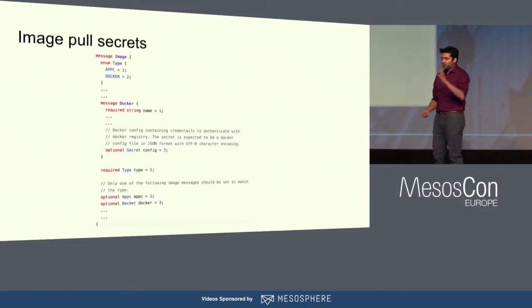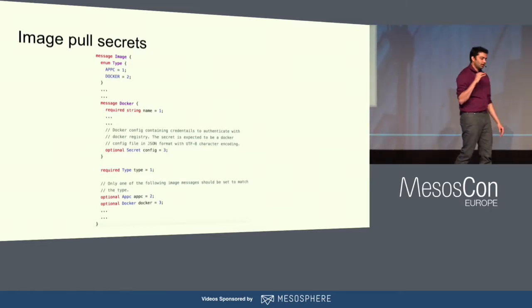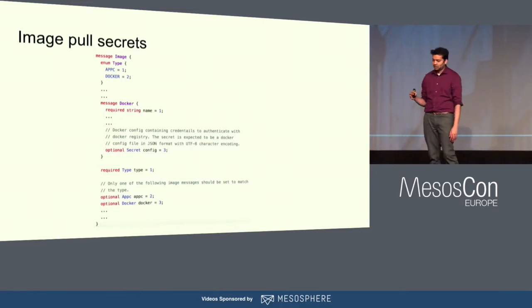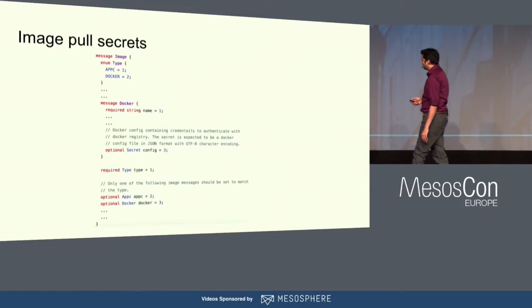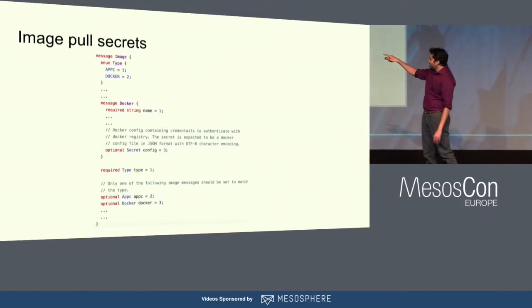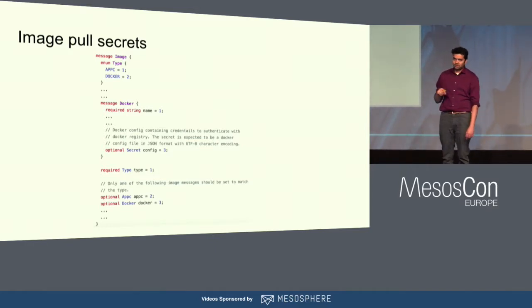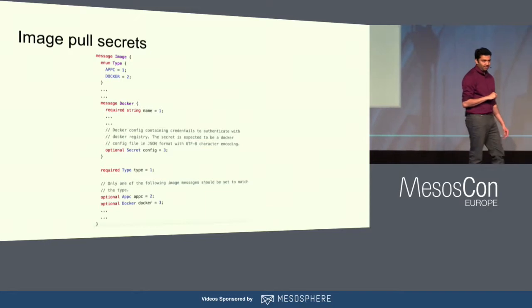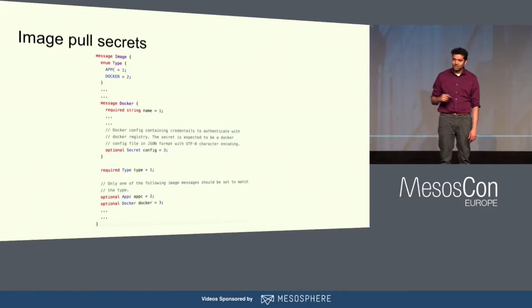So let's look at how we solve the three use cases that we chatted about in the beginning. For image pull secrets, where you want to get an image from a private registry, we added a new field in the Docker protobuf in the image that we currently have, which is of type secret: optional secret config. So now you can set this config in your Docker image protobuf.